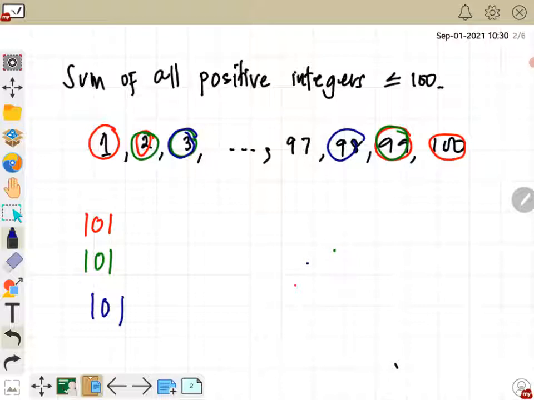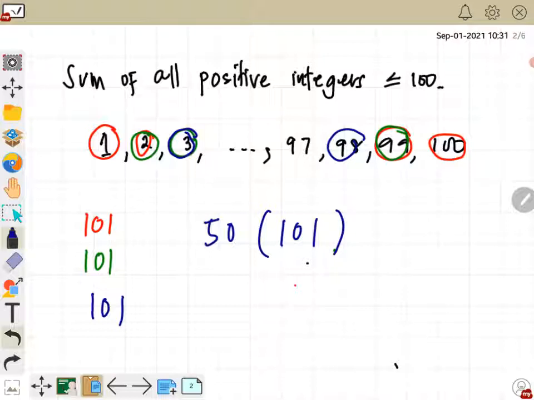Since 101 is a pair of 1 and 100, 2 and 99, 3 and 98, then so on, 4 and 97, 5 and 96. How many pairs do we get? We get 50 101s.